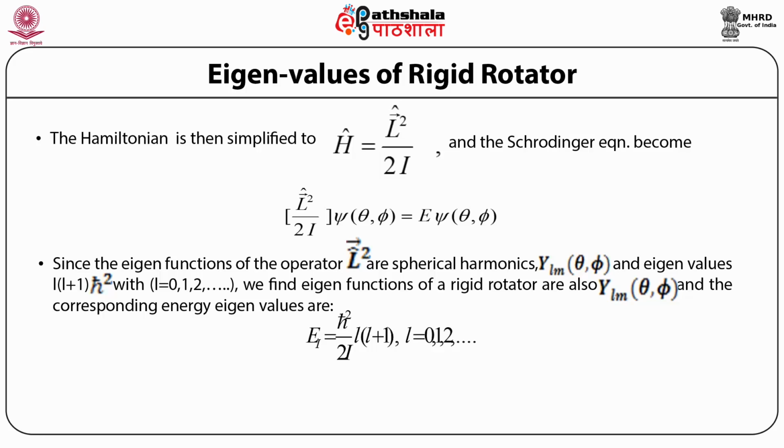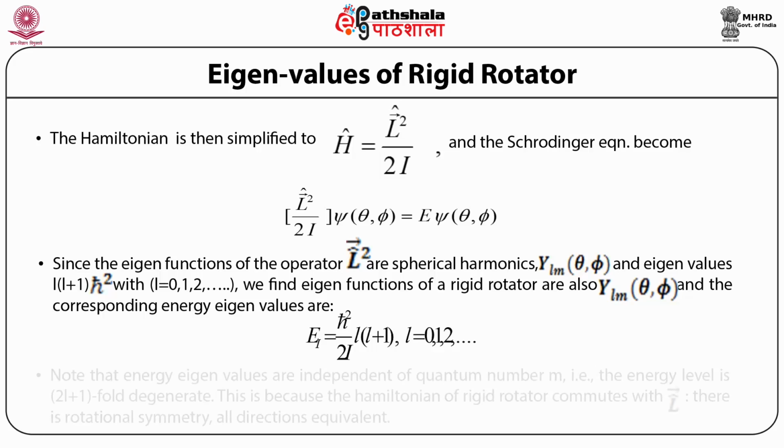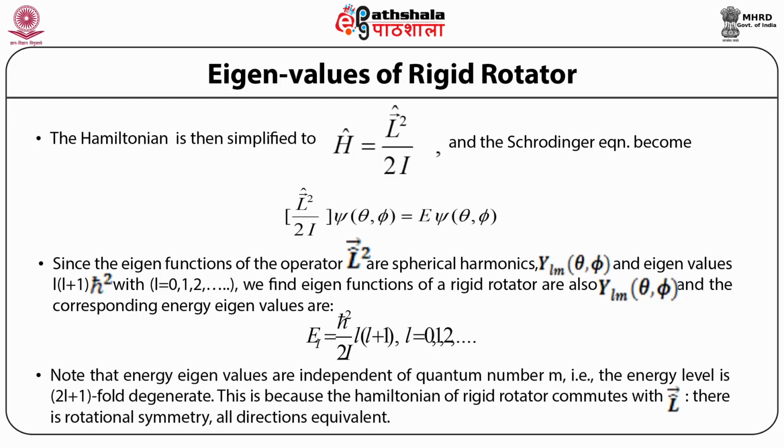So what we mean is that since the energy eigenvalues do not depend upon m, for each value of L, that is the orbital angular momentum quantum number, the magnetic quantum number m can take 2L plus 1 values. Therefore, each energy eigenvalue will have 2L plus 1 fold degeneracy.